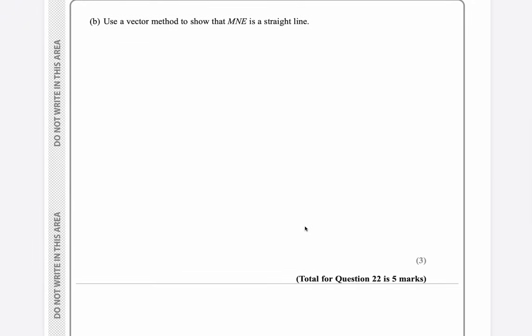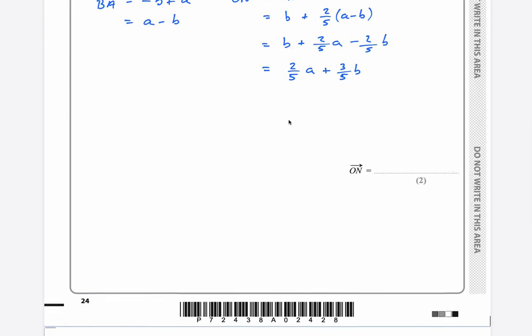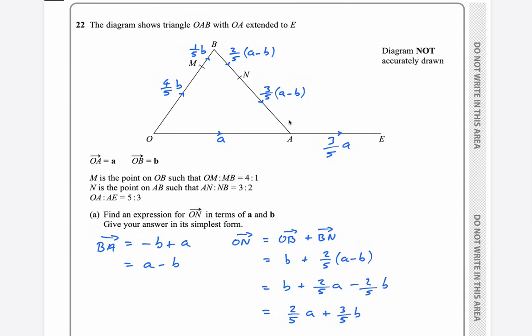Part B. Use a vector method to show that MNE is a straight line. Okay, guys, I'm just going to copy this and bring it down because I need to see it.